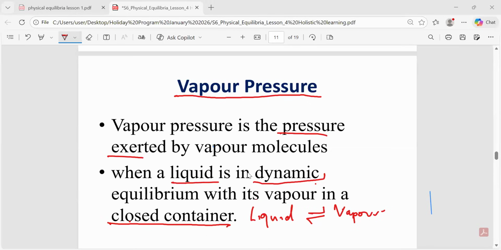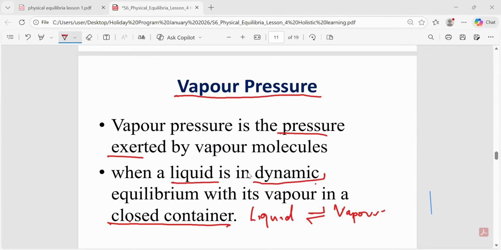But now they are not talking about whether it is in any equilibrium. Because another person can say vapor pressure is a pressure exerted by the vapor of a substance when it is in dynamic equilibrium with its liquid or solid at a given temperature.